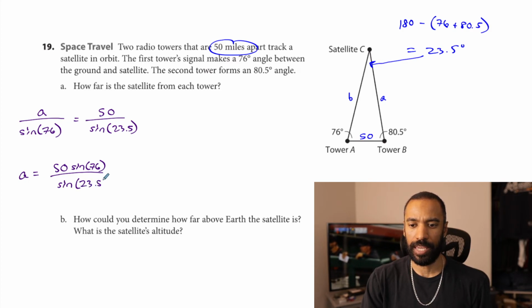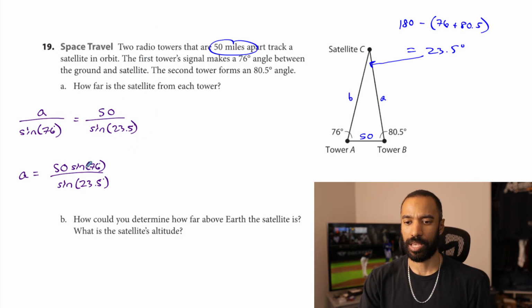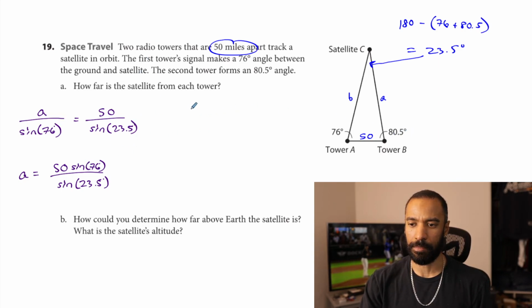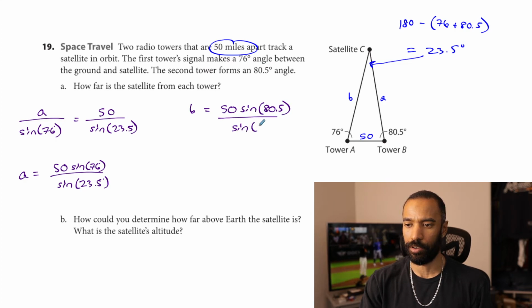When we do b, it will be the same thing, except instead of sine of 76, it'll be sine of 80.5. So b equals 50 times sine of 80.5 over sine of 23.5.